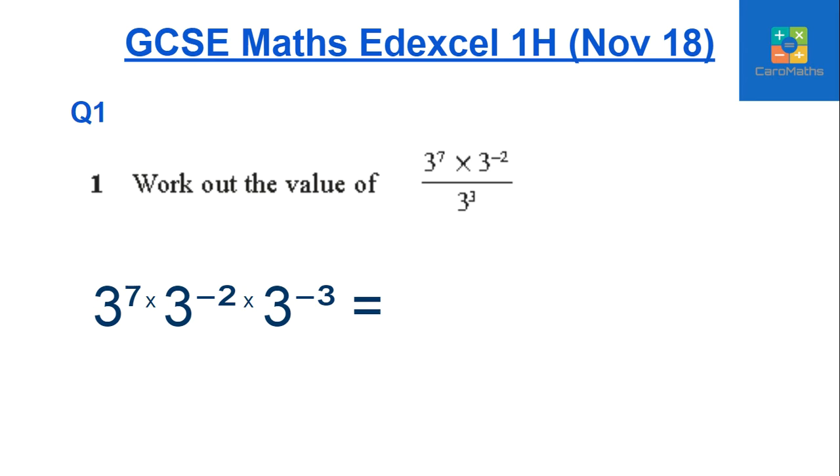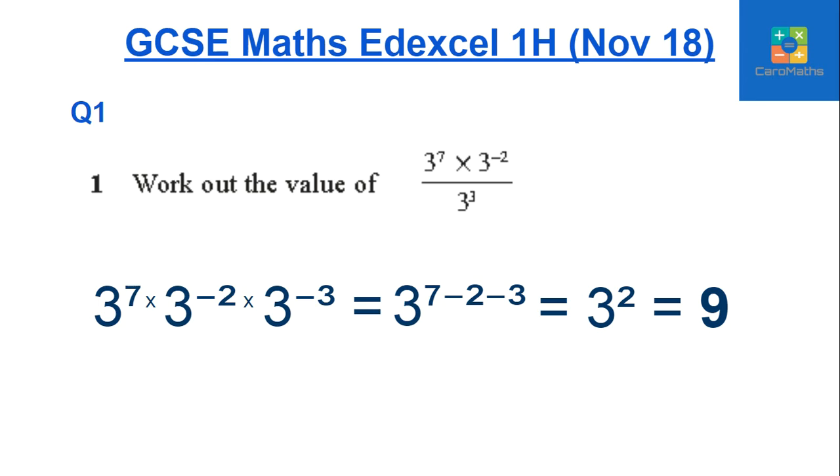Because if you divide by a base to a power, then it's the same as multiplying it by the base to the negative power. And this expression can be simplified to 3 to the power of 7 minus 2 minus 3. So the base stays the same, which is 3, and then you just add up all the powers. And this can be simplified further to give us 3 squared, which is 9.